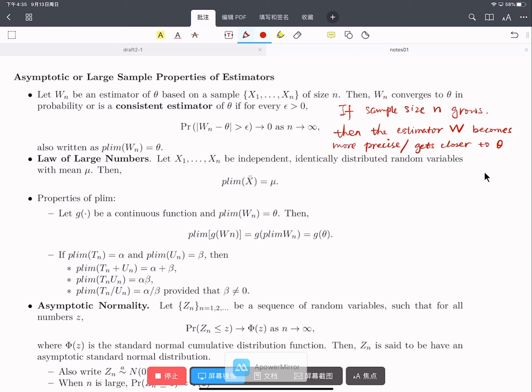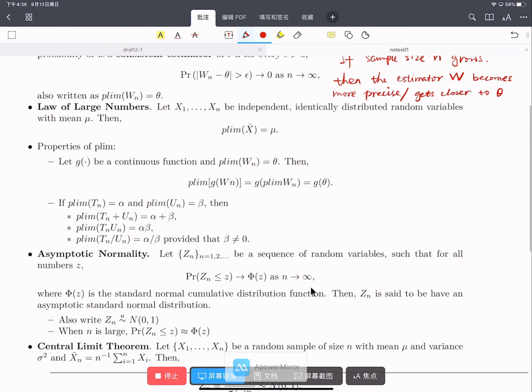The notation here is a bit complicated. I guess I should not go too deep in this part. Just have this concept.